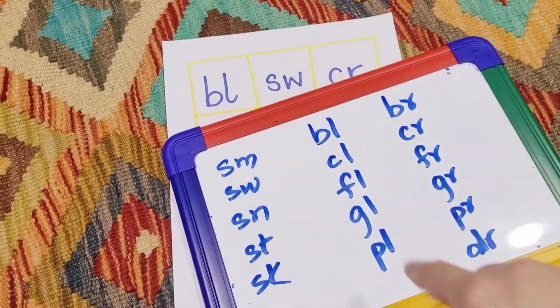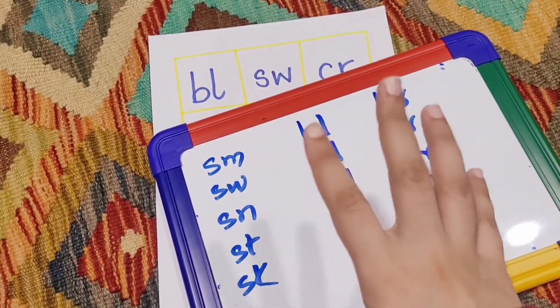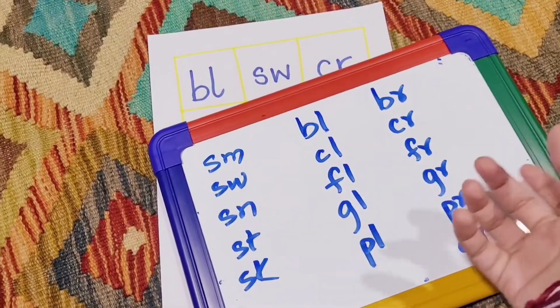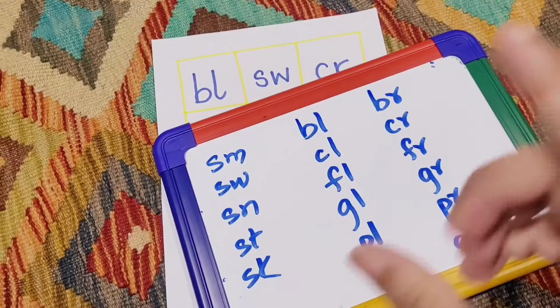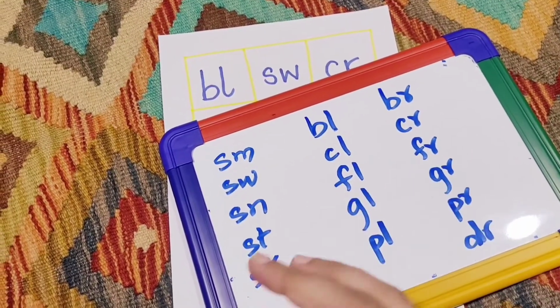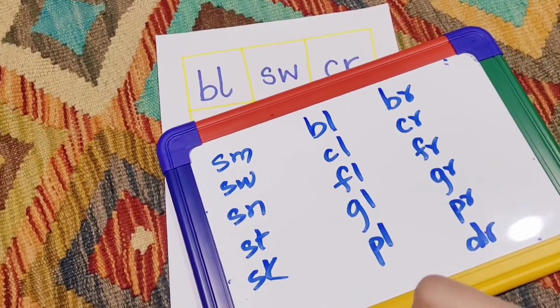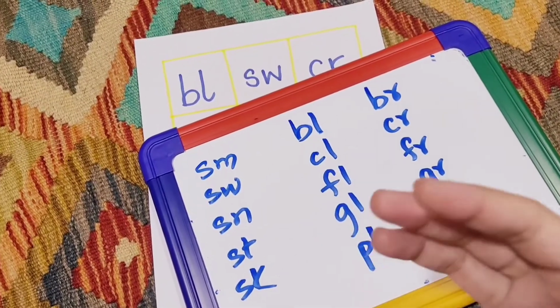Like for L blends, once I'm done teaching them the L blend, I will mix up all the words. Some words will be with b, some will be with k, some f. There will be a mix of words, and then I will want them to read those.